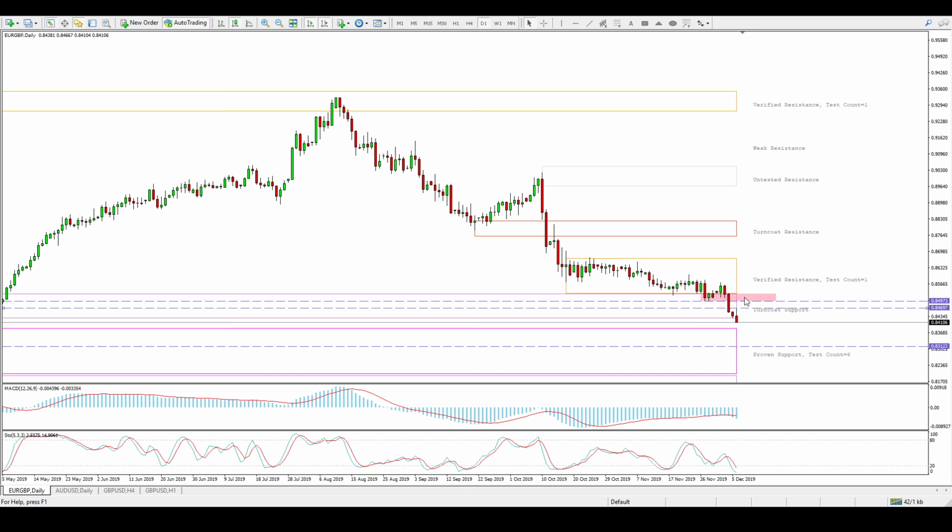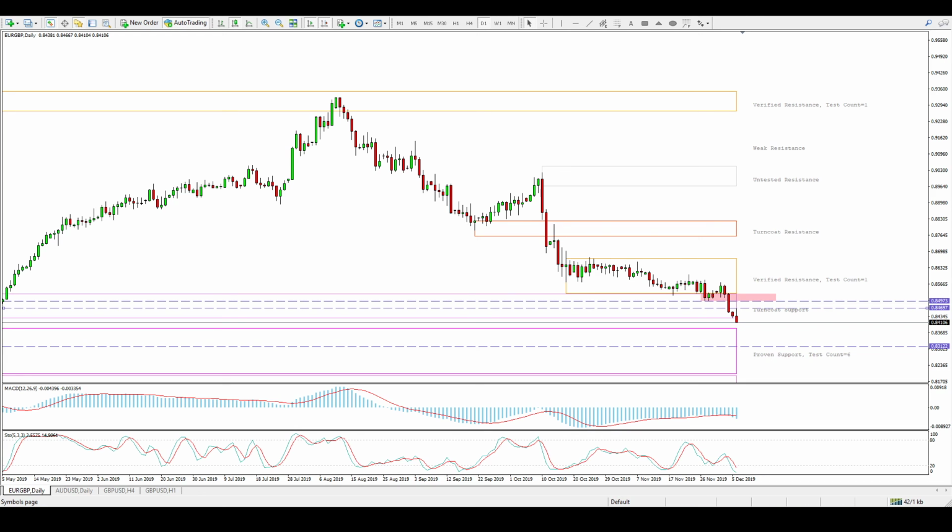I will be a seller in this zone, not here. So I would say 85 zone, 10-20 pips up, 10-20 pips down. That would be my seller zone on Euro pound.